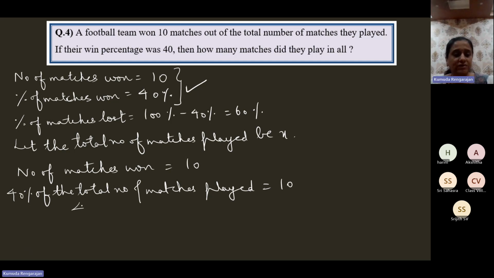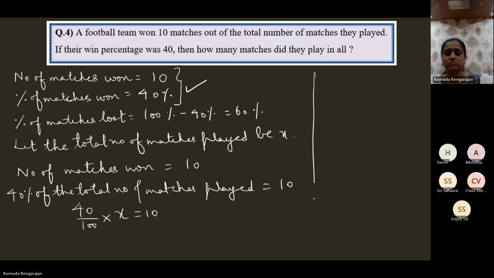So 40% means 40 by 100. Of means into. Total number of matches played is X, equal to 10. So 2 times 25, X is equal to 10 into 5 by 2. So X is equal to 25.